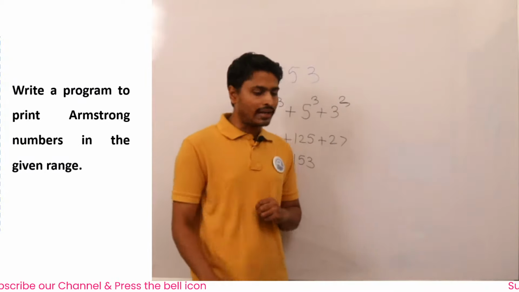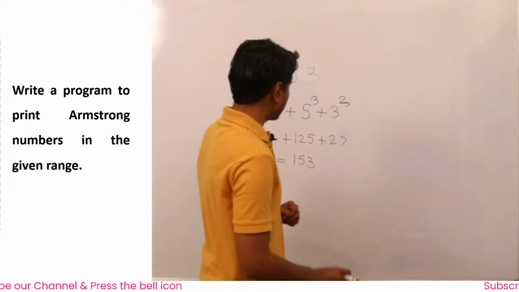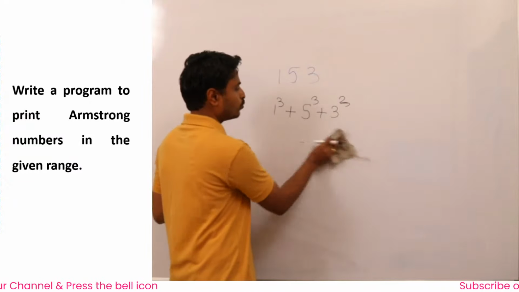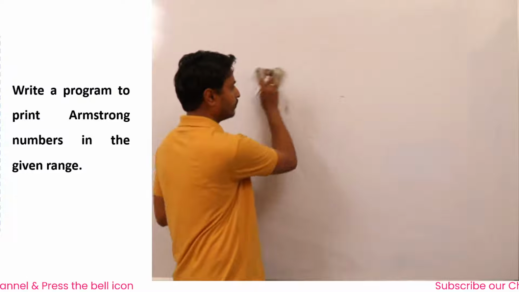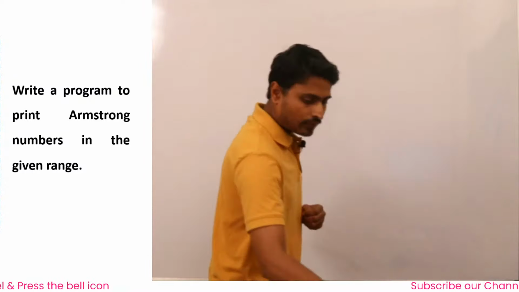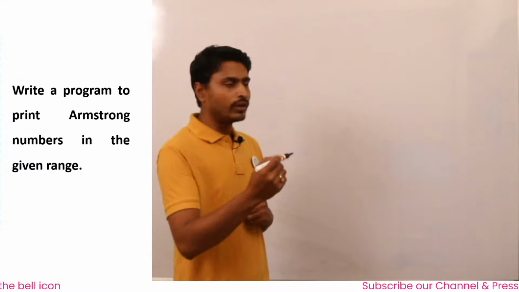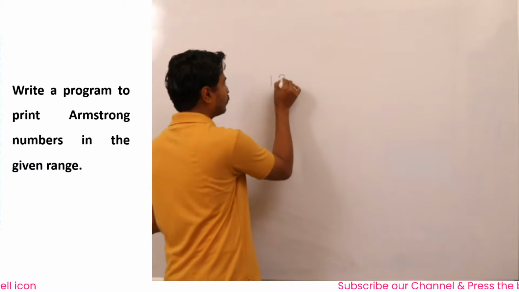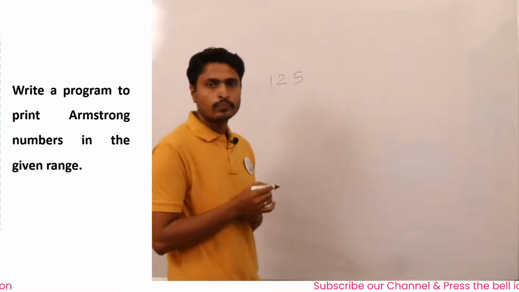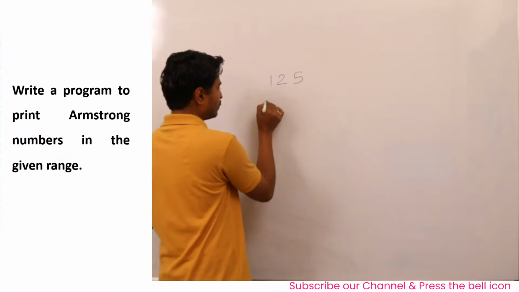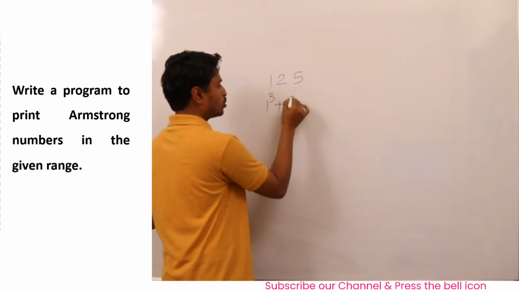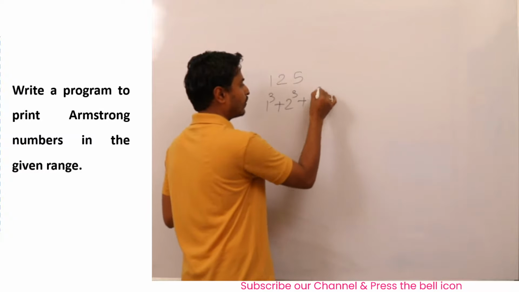So we have to write a program where the range will be given, and you want to identify all the Armstrong numbers within that range. We'll take one more example: 125. Is this an Armstrong number? We'll check it out. 1 cube plus 2 cube plus 5 cube.